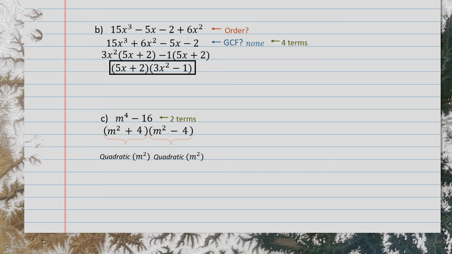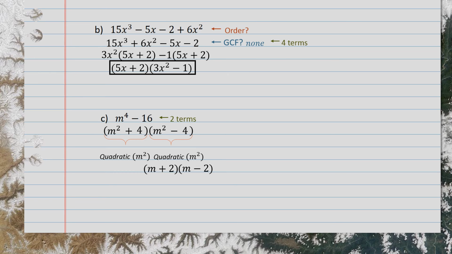Is m squared a perfect square? Yes. Is 4 a perfect square? Yes. Is there a minus sign? Yes, which means this does satisfy the difference of squares pattern, so we need to factor it. And so that would factor into m plus 2 and m minus 2.